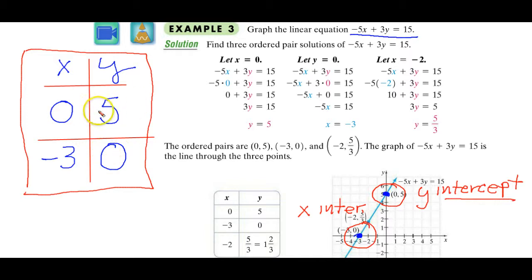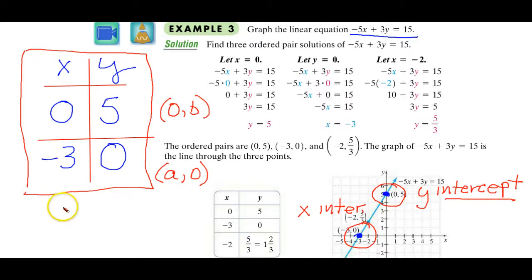Now a little more information that we'll be getting to in later lessons is that another way of looking at this is the ordered pair 0, B, and this is the ordered pair A, 0.